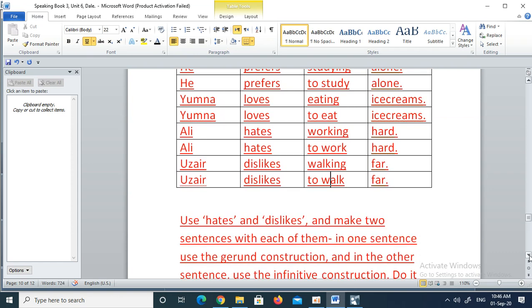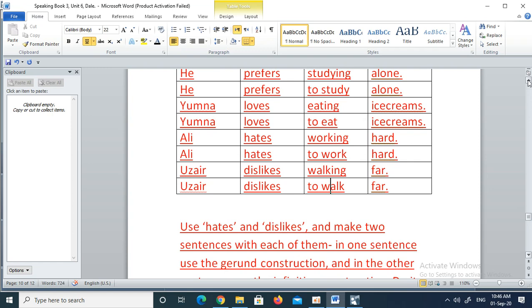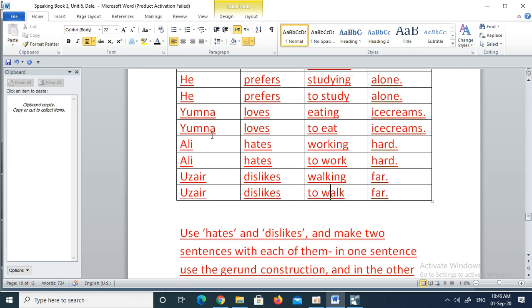Alright, what I want you to do is to make for me at home on your paper 4 sentences. I want you to make sentence 1 and use hates with the gerund construction.